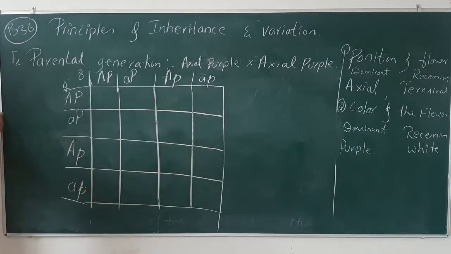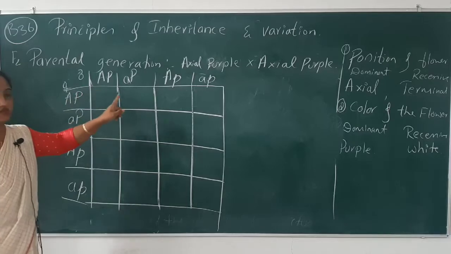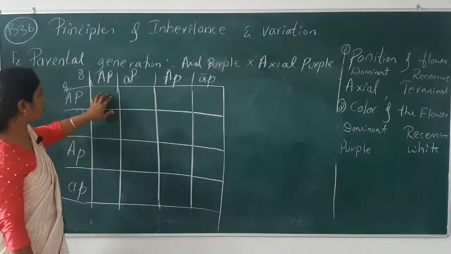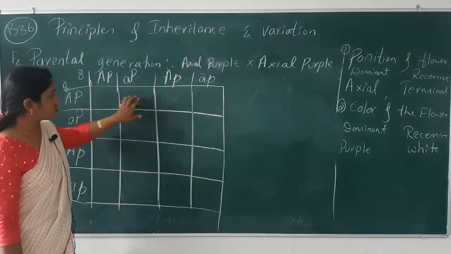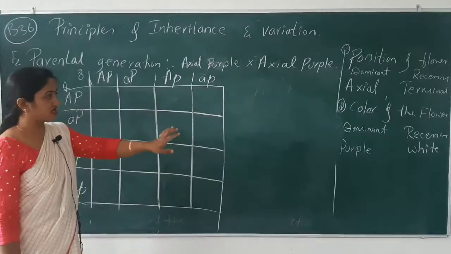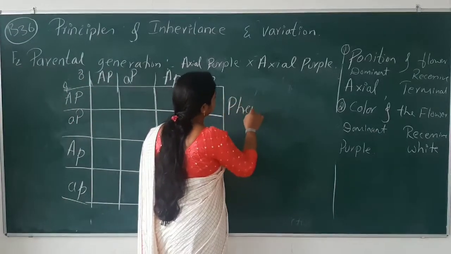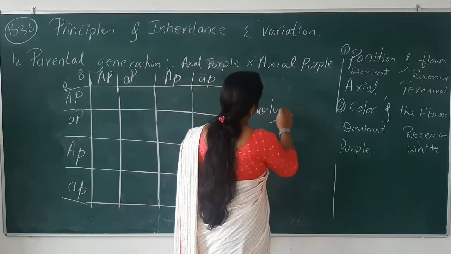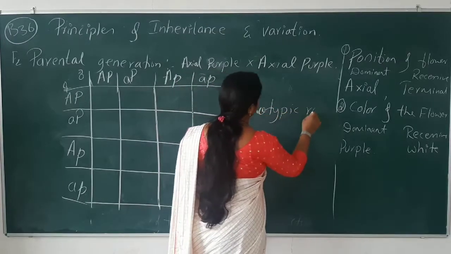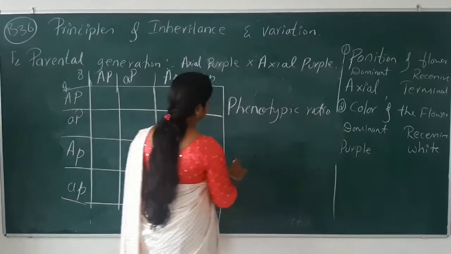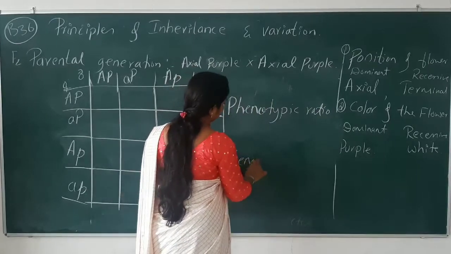Now, keep on crossing the gametes. Whatever you got, you have to write the genotype and phenotype. At last, you have to write the phenotypic ratio and genotypic ratio.